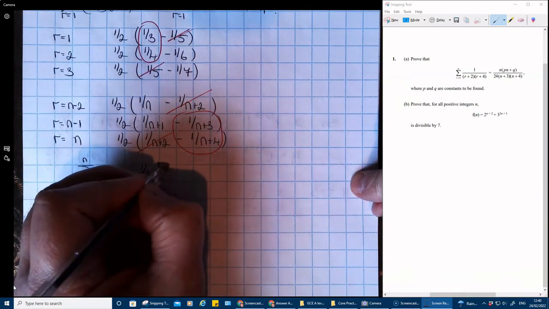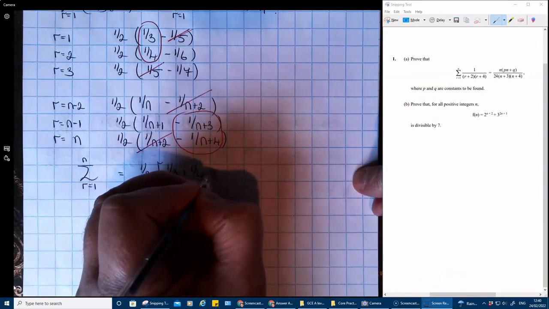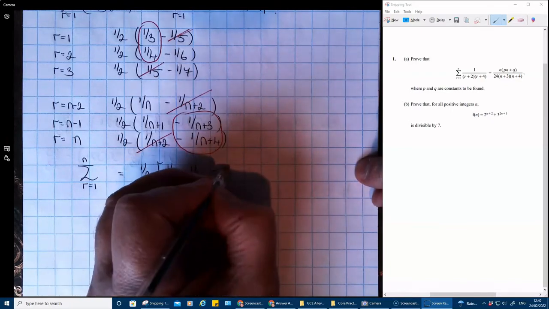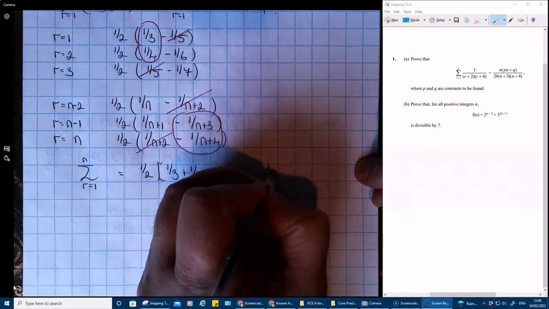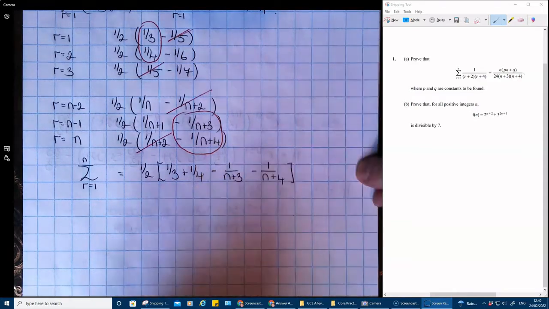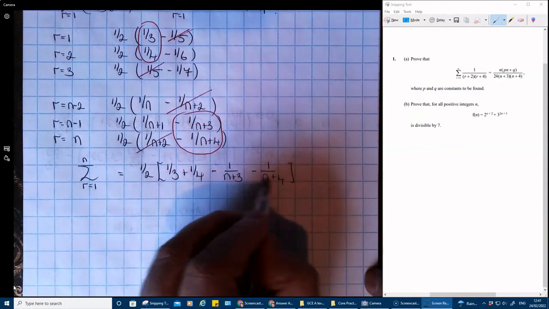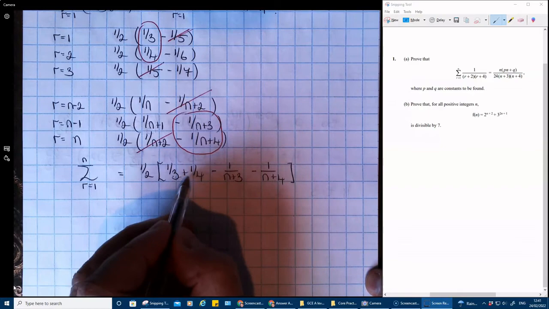I've got a third plus a quarter at the top, and I've got minus, depends how you want to do this, 1 over n plus 3 minus 1 over n plus 4. So it's just a matter of simplifying that. I know what I'm aiming for. I've got to have a common denominator of n plus 3, n plus 4 has got to be involved, and I've got to have a common factor of 12 somewhere along the line.